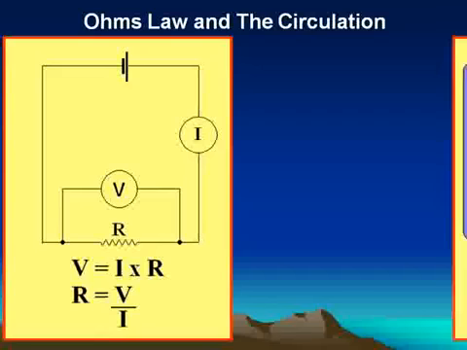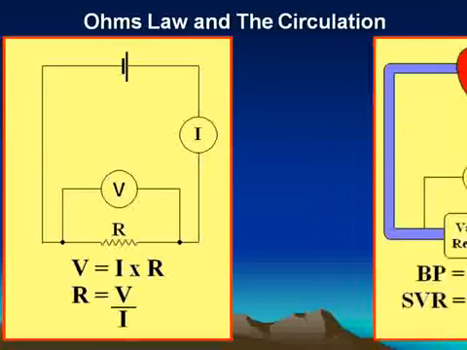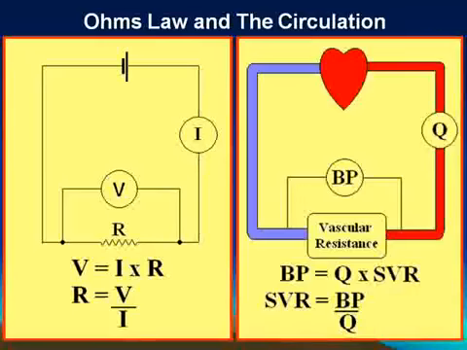Well, there's an exact parallel in hemodynamics, but in this situation we have a heart instead of a battery. The current flow is the cardiac output. Instead of a resistor, we have the vascular resistance, and the blood pressure is analogous to voltage. The science is therefore exactly the same, and that's really about as complex as hemodynamics gets.